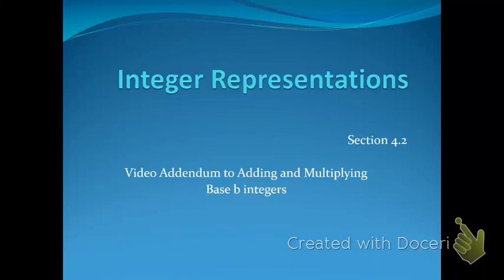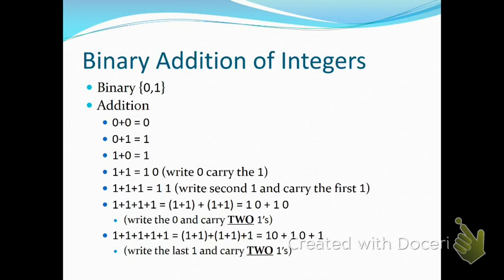We're going to look at an addendum to adding and multiplying base B integers. Just as a reminder, binary looks at only 0 and 1.